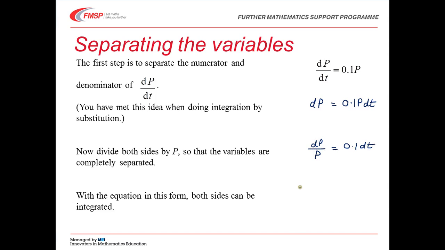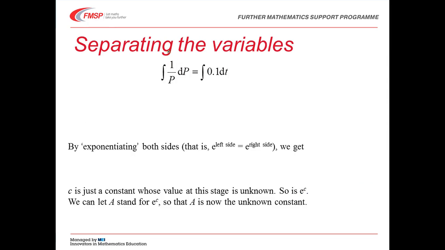And now I can put in the integral signs. Integral of 1 over p dp and integral of 0.1 dt. And here you need to take care because you're integrating with respect to different variables on the two sides of the equation. So let's do that.